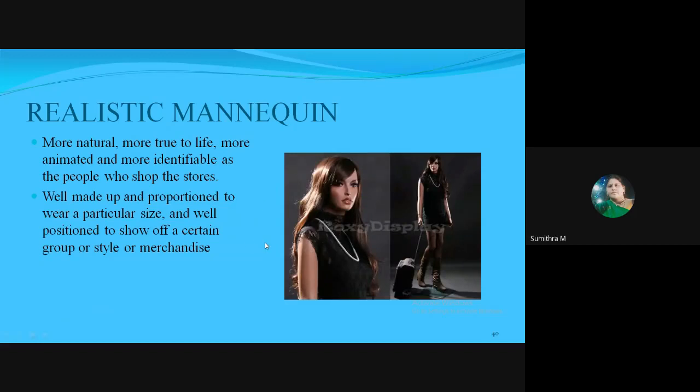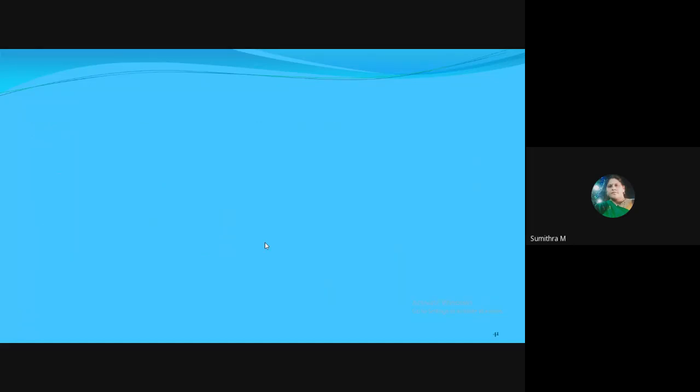This is called a realistic mannequin. This is a mannequin, not a human being. This mannequin looks like a human. If you go nearer, only then can you identify that this is a mannequin. That is called a realistic mannequin.